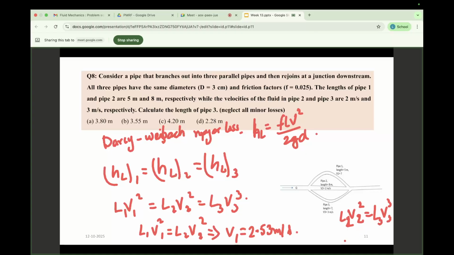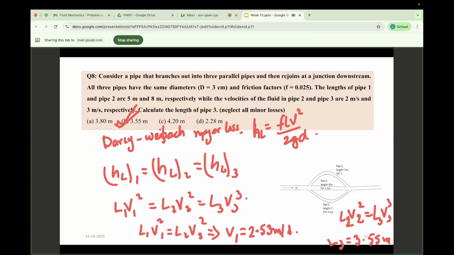Then easily you can find this L3. So if you calculate, you will get L3 as 3.55 meter. So the correct answer is option B.